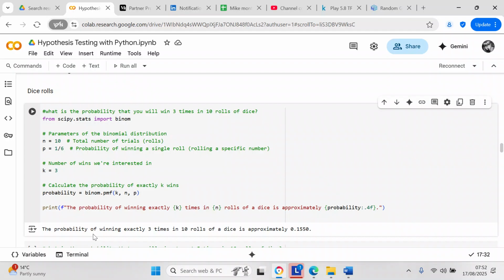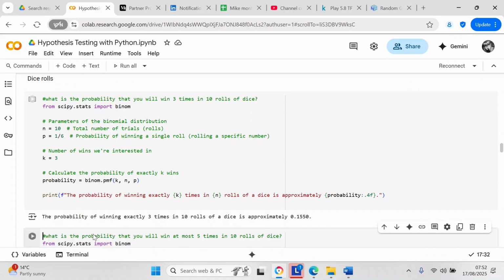Then we print the probability of winning k times in n rolls of a dice is approximately the probability. So in order to win 3 times out of 10, you have a probability of 15.5%.